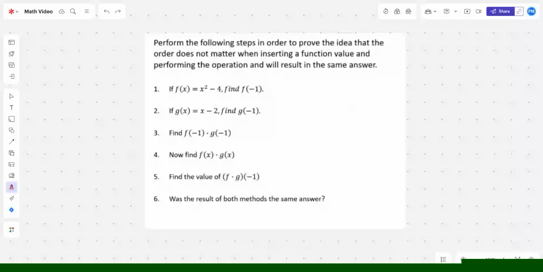Alright, so this question says to perform the following steps in order to prove that the order does not matter when inserting a function value and performing the operation; it will result in the same answer.